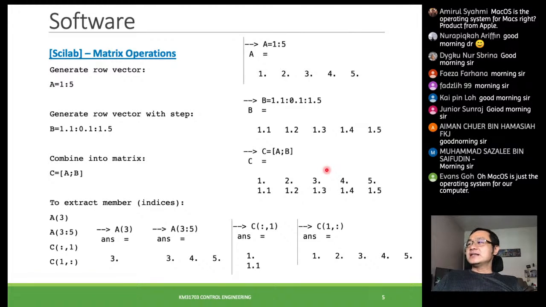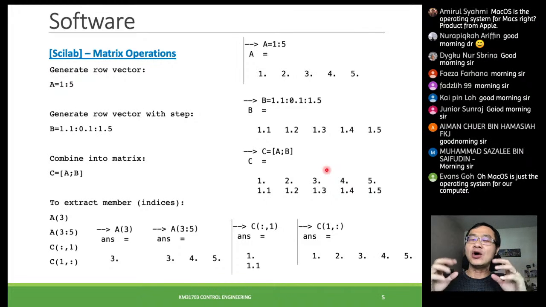So, the basics of Scilab. Scilab was actually developed to give a so-called free and open source experience to users besides MATLAB. They are built very similarly in terms of command and interface, between Scilab and MATLAB.